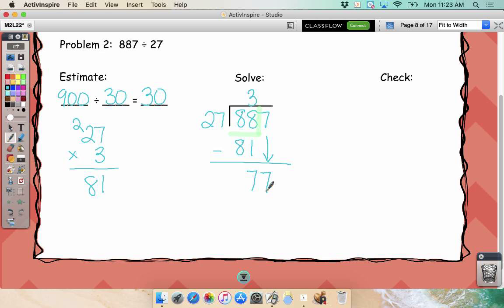Now this is why I like to have my guess and check there. Do I already know that 3 is too big? Micah, focus. Do I already know that 3 is too big? So what am I going to have to try? A 2. So what do I take times 2? 27. Okay, everybody figure that out.